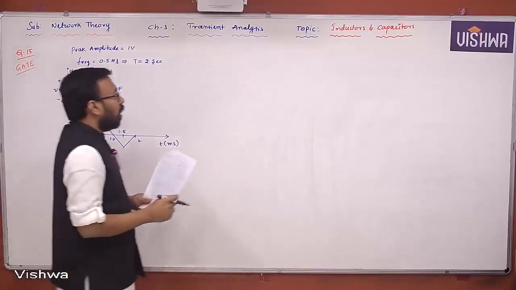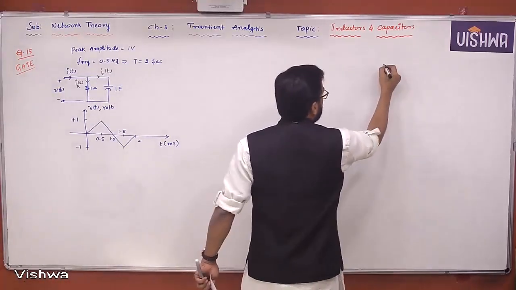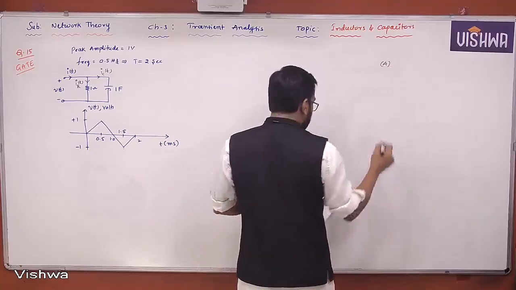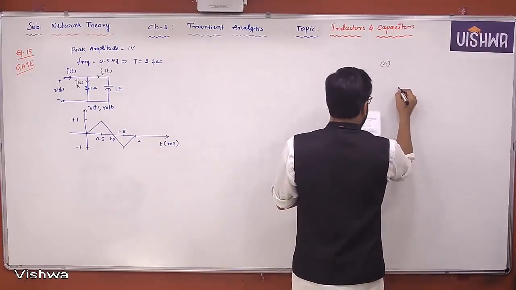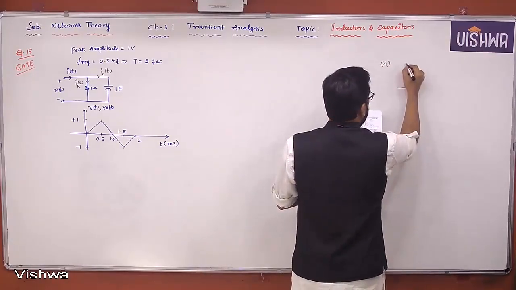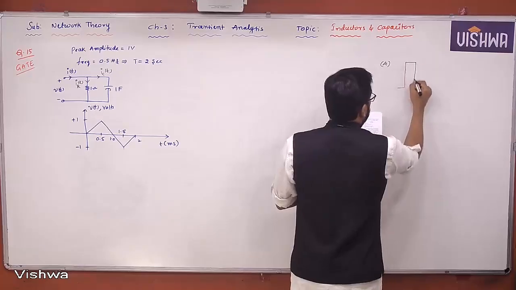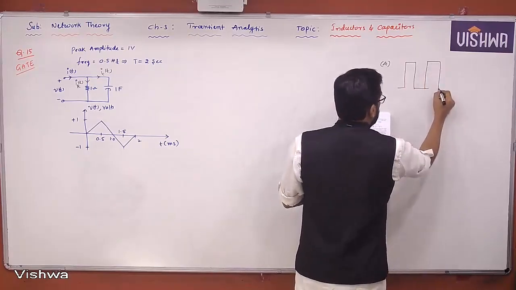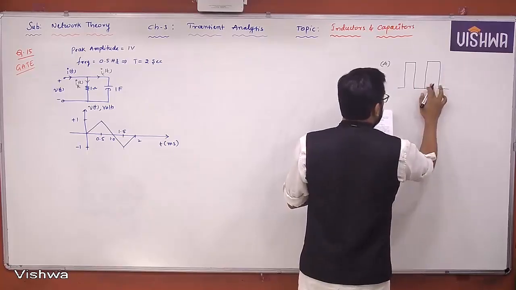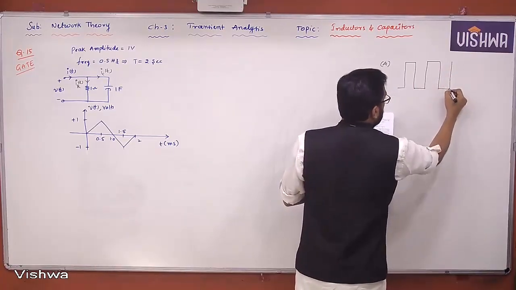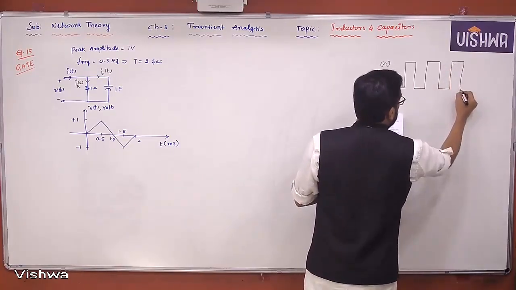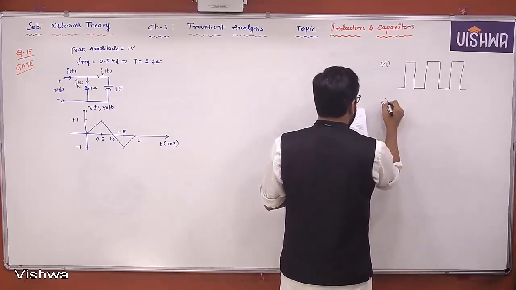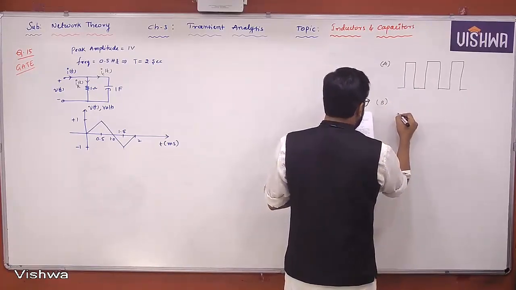Okay, so what are the options given here? The options are given something like this. Let me draw it. This is something like a rectangular pulse. Option B is a sawtooth waveform.